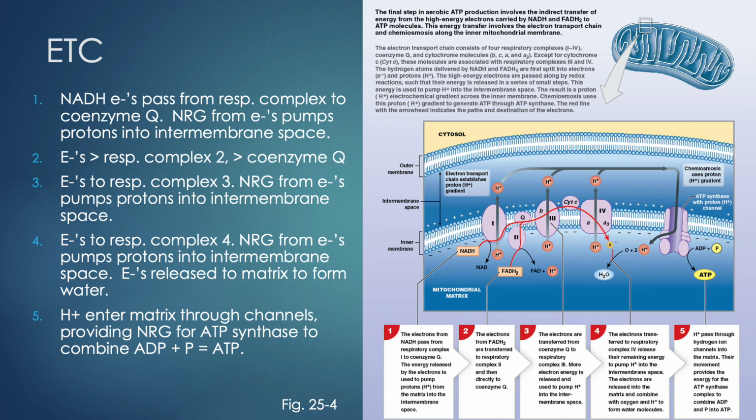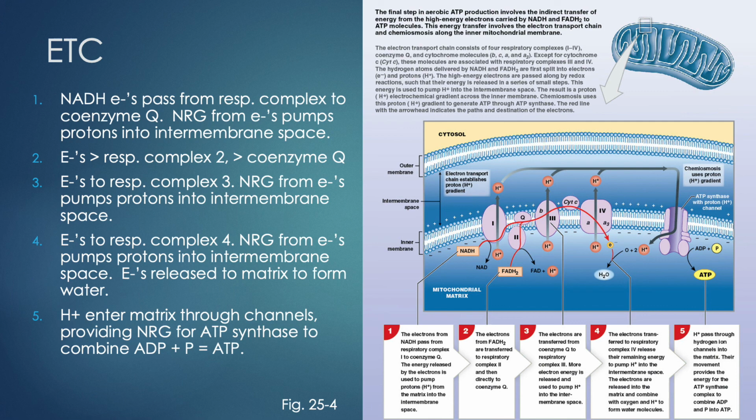So the electrons are going to go to the respiratory complex 2 and then to coenzyme Q. And then the electrons will go to respiratory complex 3, and energy from these electrons will now pump protons into the intermembrane space. The electrons go now to respiratory complex 4.